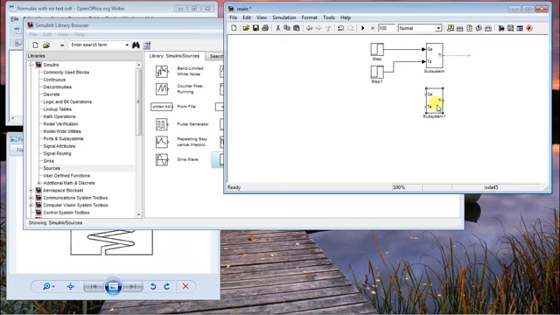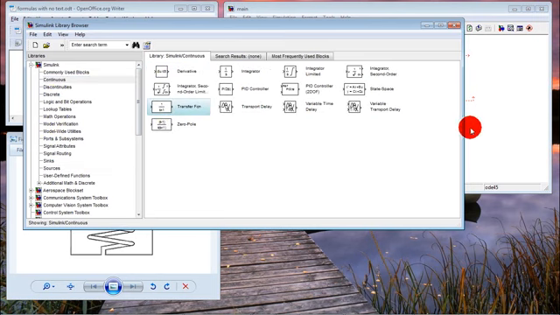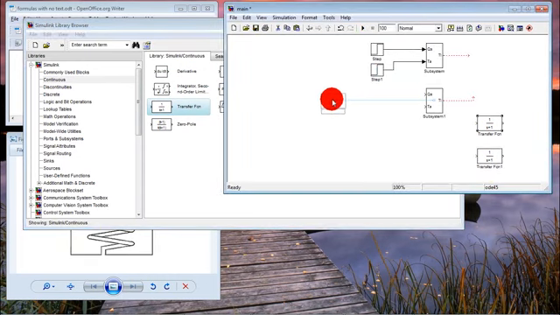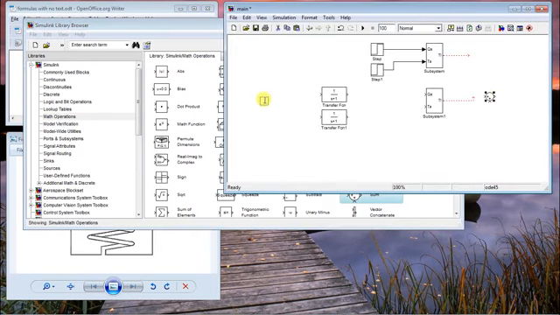And this will be our control system, which will have two PI controllers, a negative feedback loop. Actually, two of them.